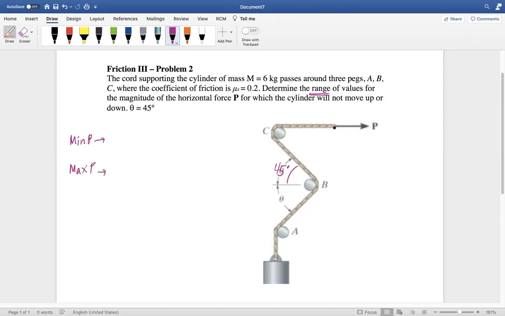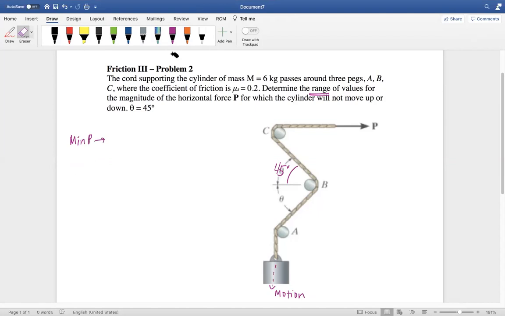So if this isn't strong enough, this will start sliding that way, right? The force that this block is pulling on P will not be larger than P. So this will start to pull this way. Since this block is connected, that'll start moving down. So that's your motion, right? So that's T2.